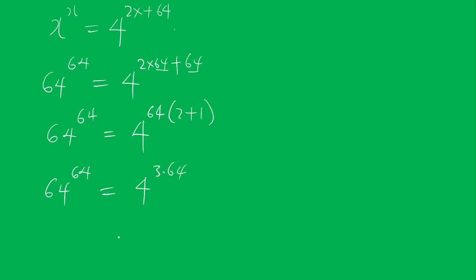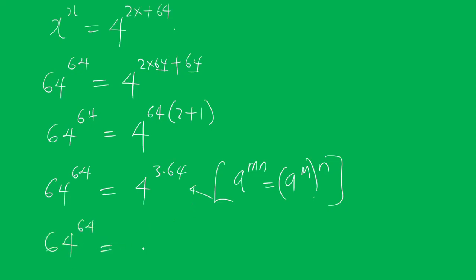Now, according to the law of indices, a to the power of mn is equal to a to the power of m, all in parentheses to the power of n. Applying that rule here, you have 64 to the power of 64 equal to 4 to the power of 3, all to the power of 64.